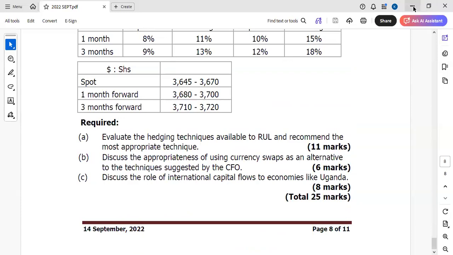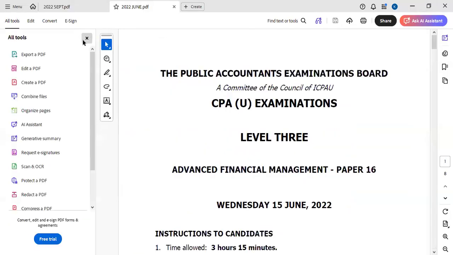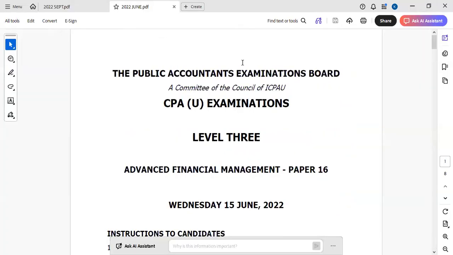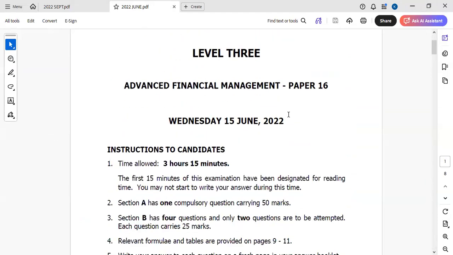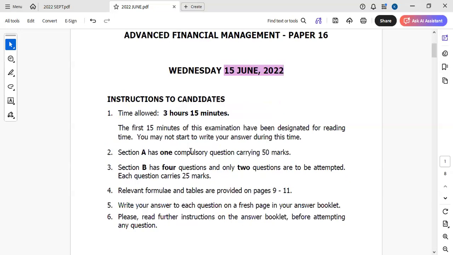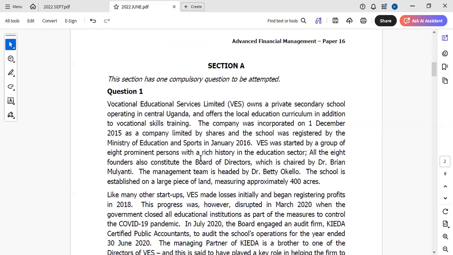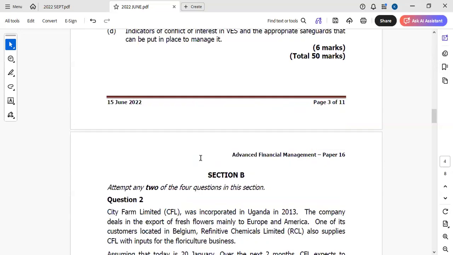Let me open this, June 2022. Are you seeing June 2022? Yes, that is the paper you are seeing? Yes.